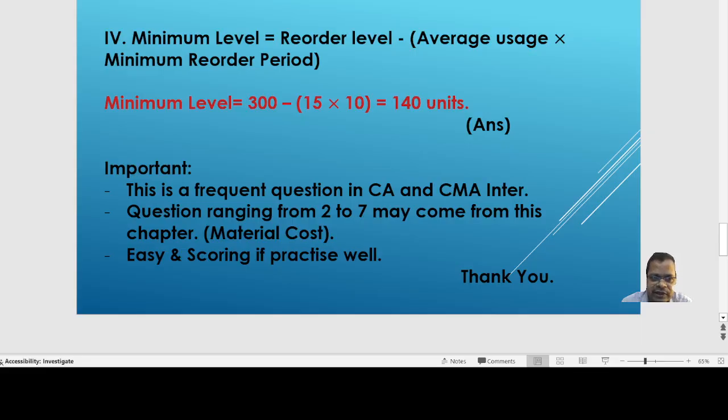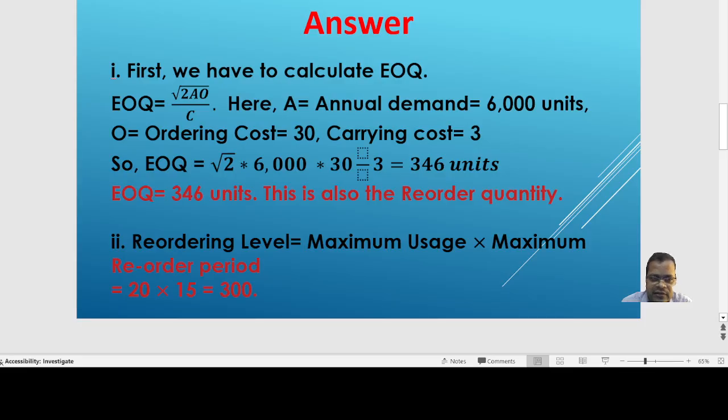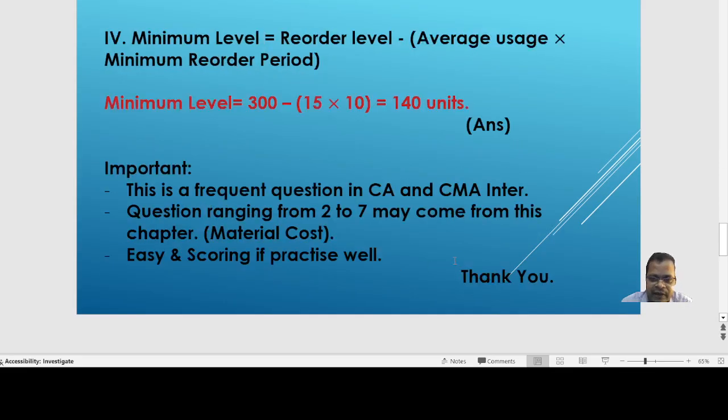Usually this is a very repeated question which comes in CA Inter, CMA Inter, and at the BCom level. Questions can come in short format, and if you answer correctly it can be worth 2 marks, or even 7 marks.